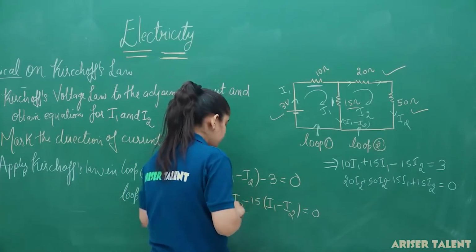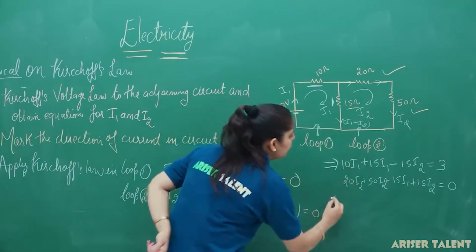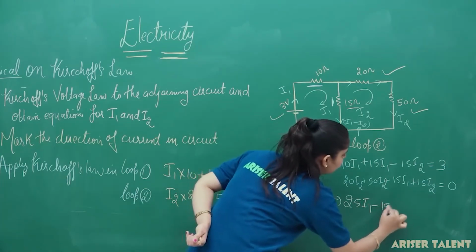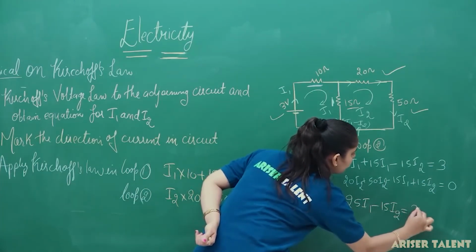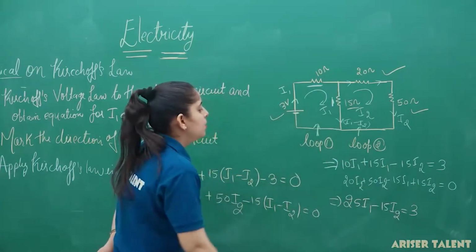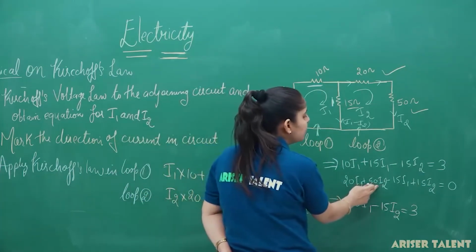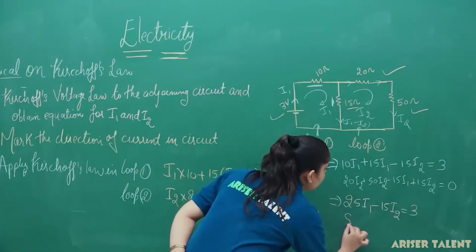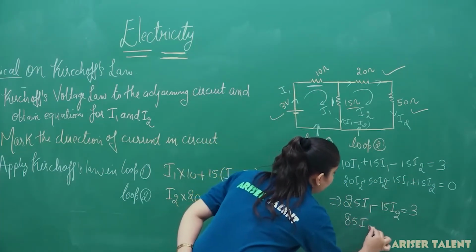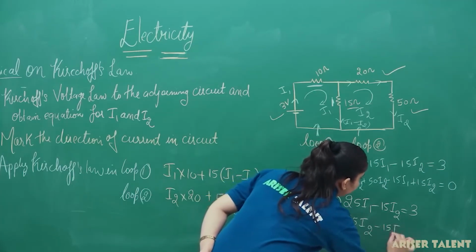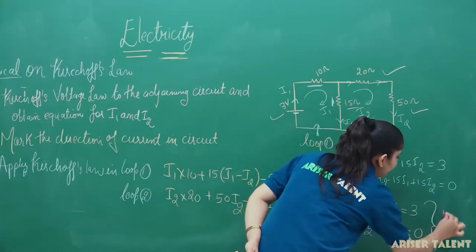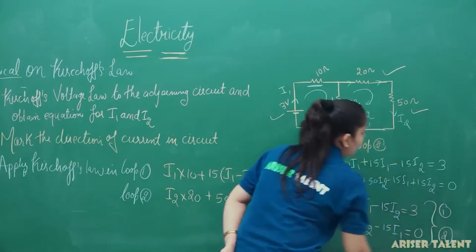Now, 10 plus 15 equal to 25 I1 minus 15 I2 equal to 3. 20 plus 50 is 70, and 70 plus 15 gives you 85 I2 minus 15 I1 equal to 0. So these are the two equations I am getting for solving.